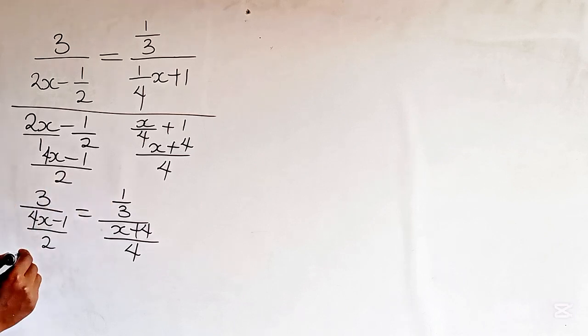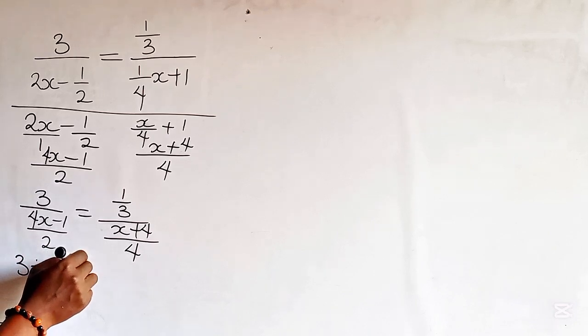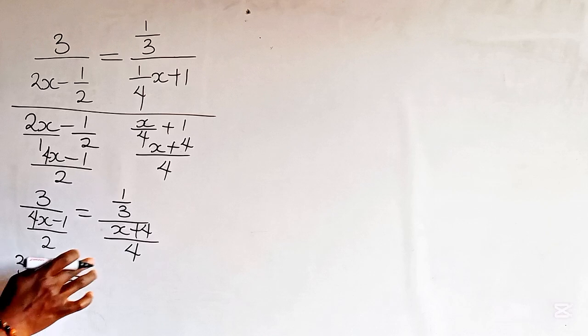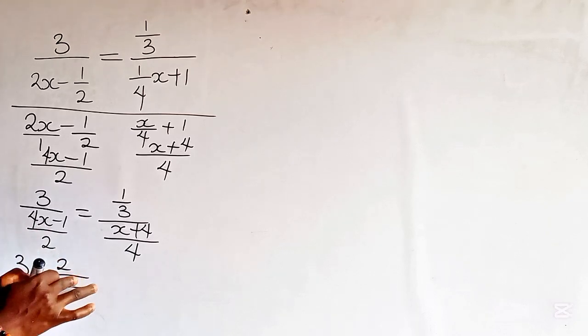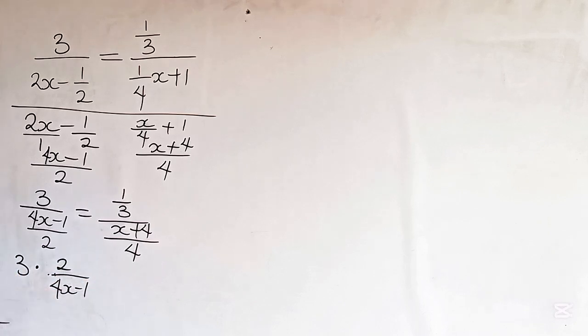This is the same as 3 divided by 4x minus 1 all over 2, right? And to simplify, we're going to change this to multiplication and then reverse this fraction. So 2 becomes our numerator and 4x minus 1 becomes the denominator.